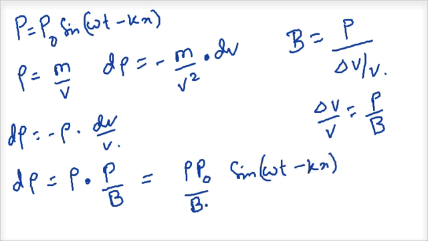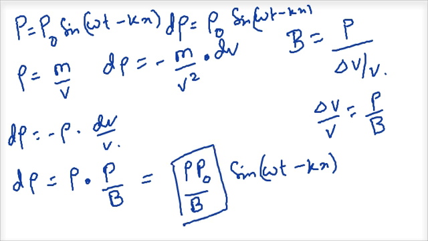So if I have a pressure wave P0 sine omega t minus kx, I want to convert it into a density wave, where the variation in density d rho is equal to some constant rho naught into sine omega t minus kx. So this rho naught is equal to rho into P naught by B. So this is how a density wave can be related to a pressure wave.